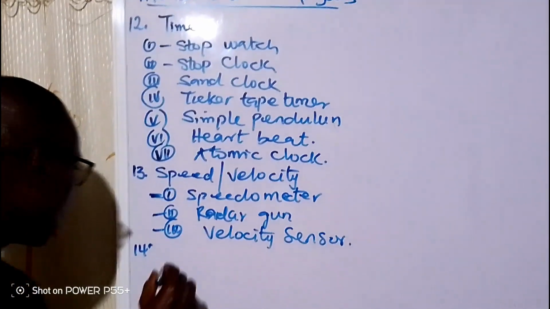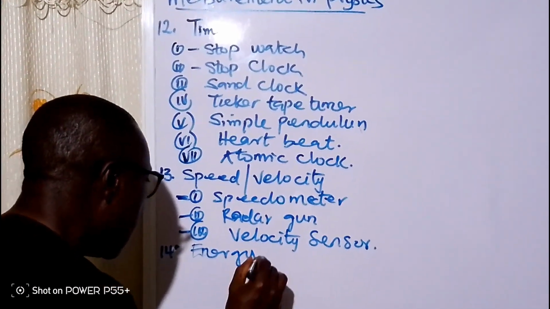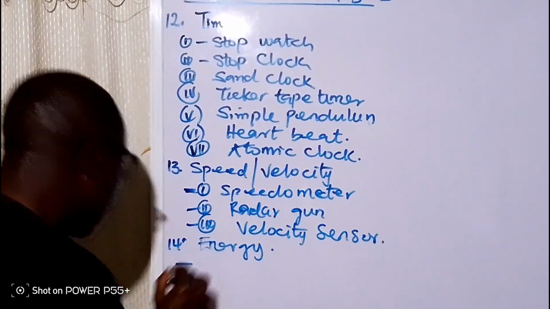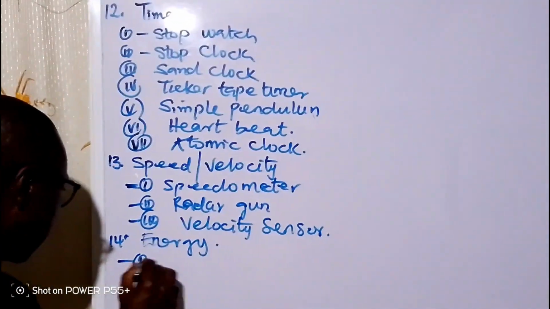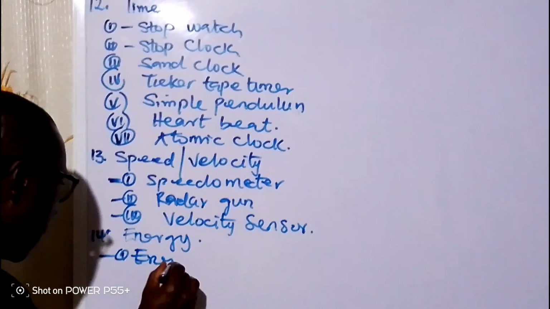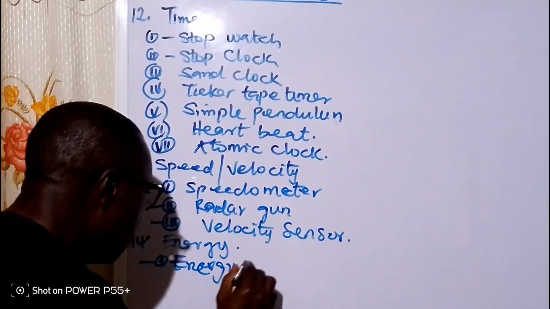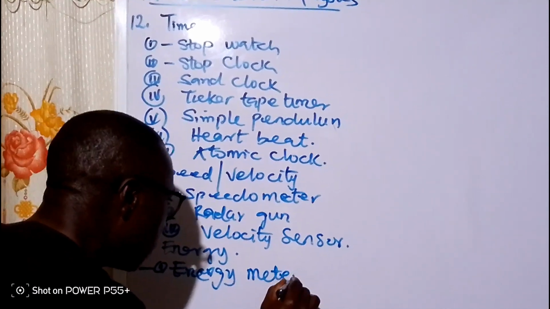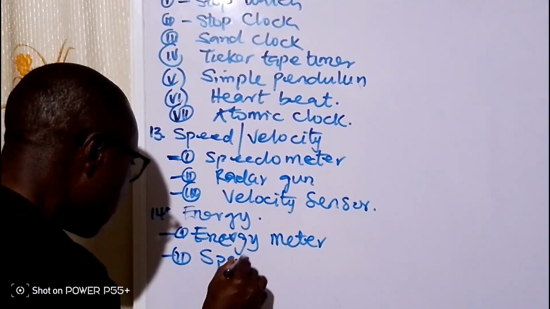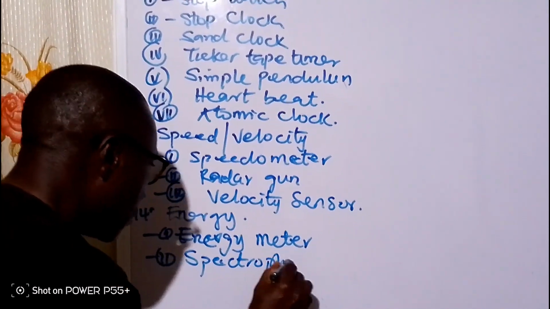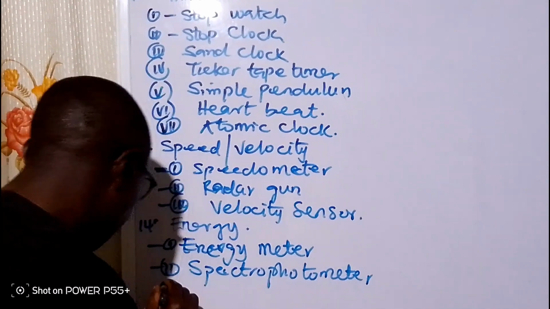The next one, which is number 14, is energy. And the possible instruments to measure energy are 1. Energy meter. 2. Spectrophotometer. 3.